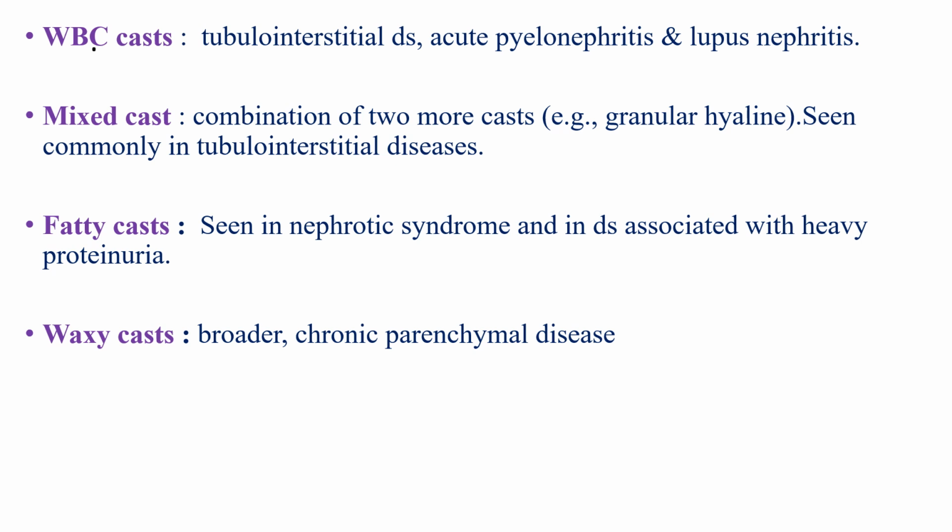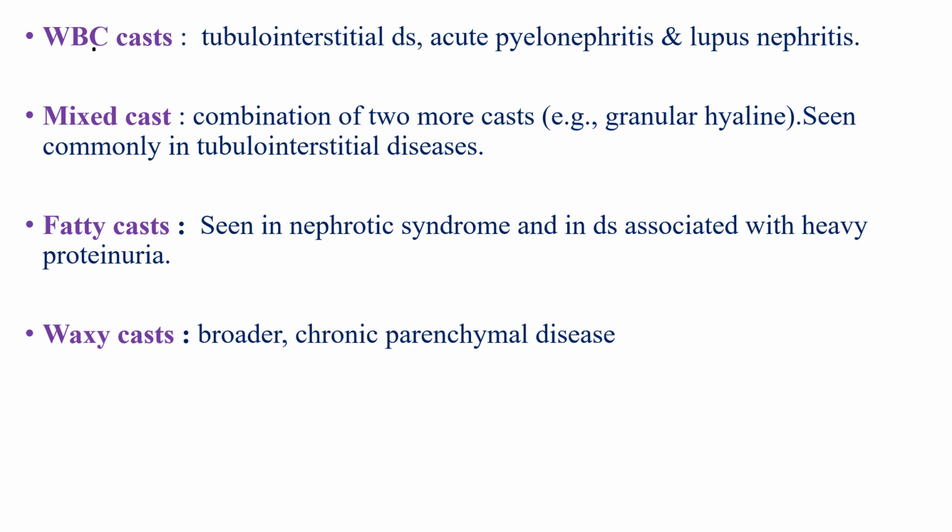WBC casts are due to tubulointerstitial disease, acute pyelonephritis, and lupus nephritis. Mixed cast is a combination of 2 or more casts. This is seen commonly in tubulointerstitial disease. Fatty casts are seen in nephrotic syndrome and are also associated with heavy proteinuria.